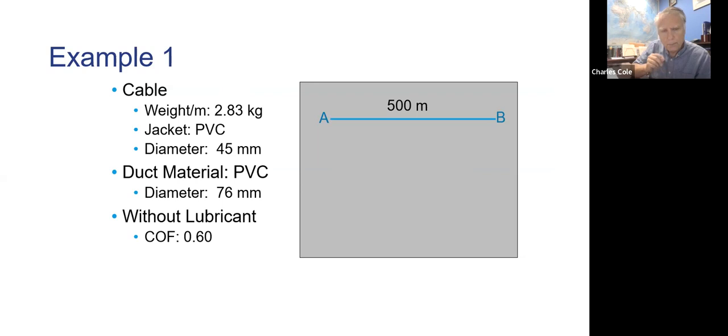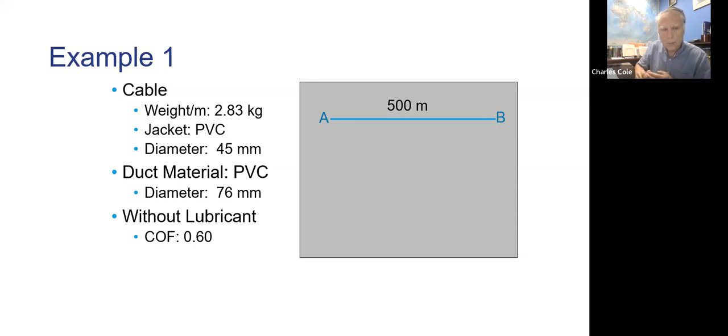But before I go into the actual calculations, I just wanted to mention that every combination of cable jacket material and duct material, and whether or not you're using a lubricant, will affect the coefficient of friction.